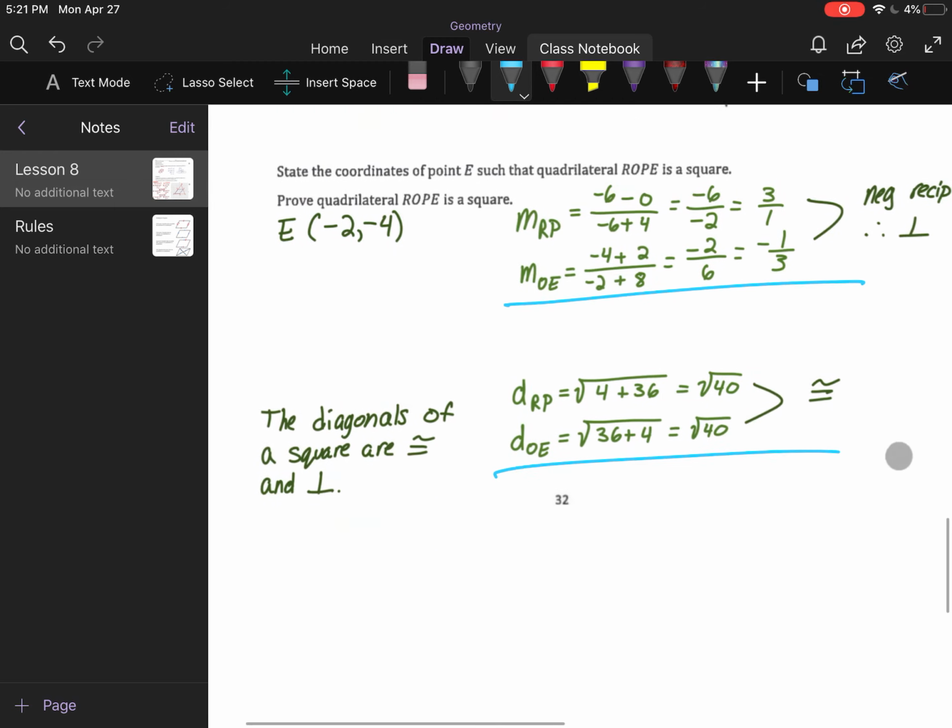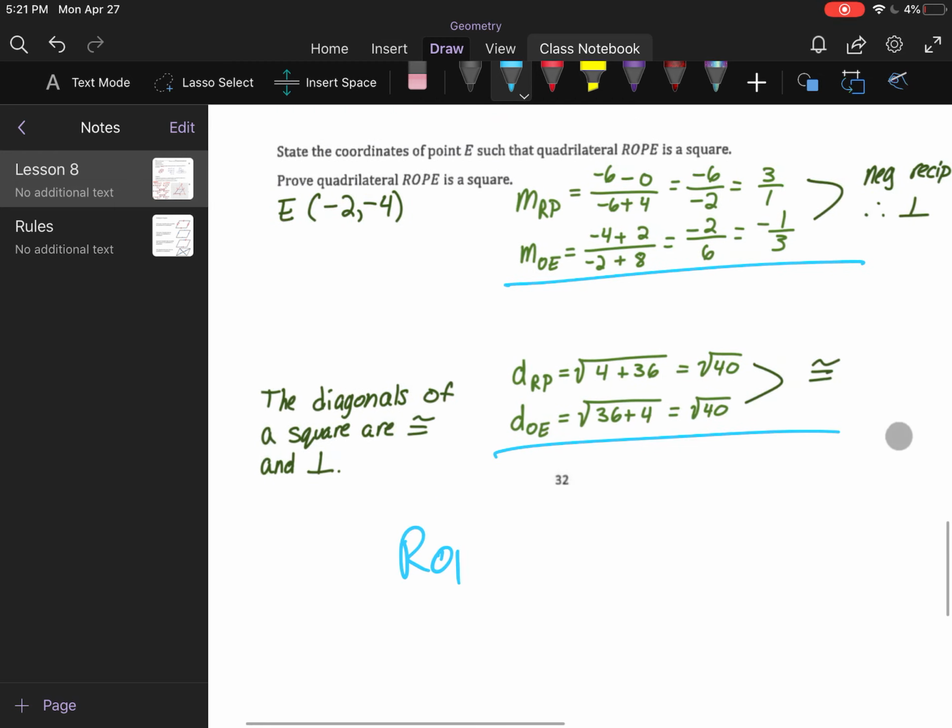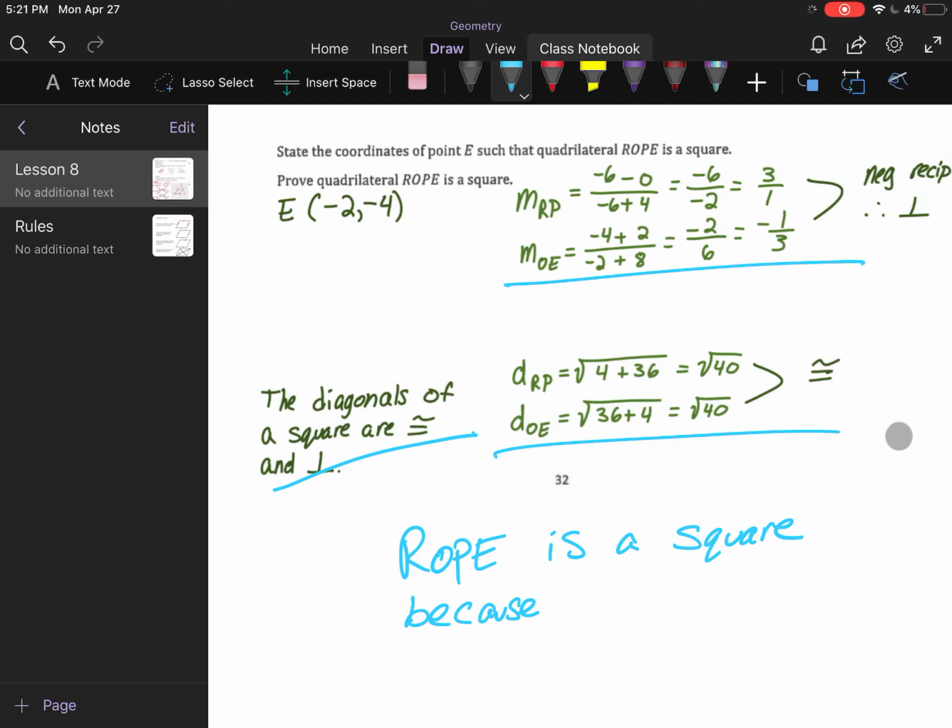So that means that ROPE is a square because the diagonals are both perpendicular and congruent.